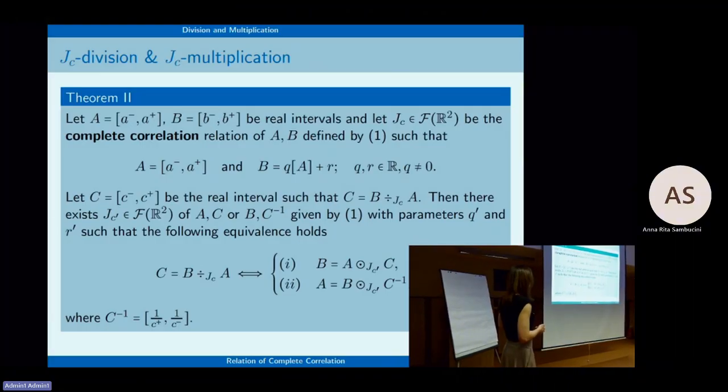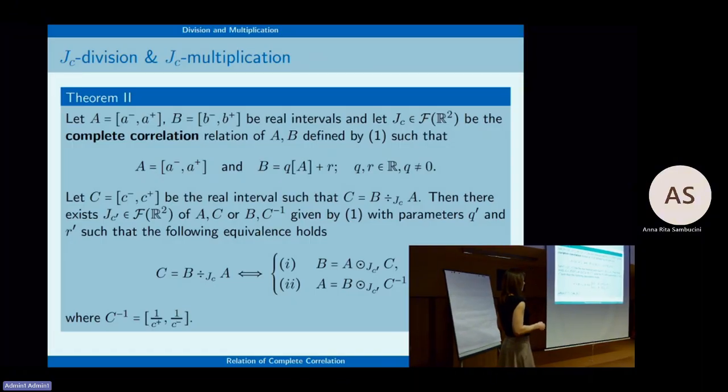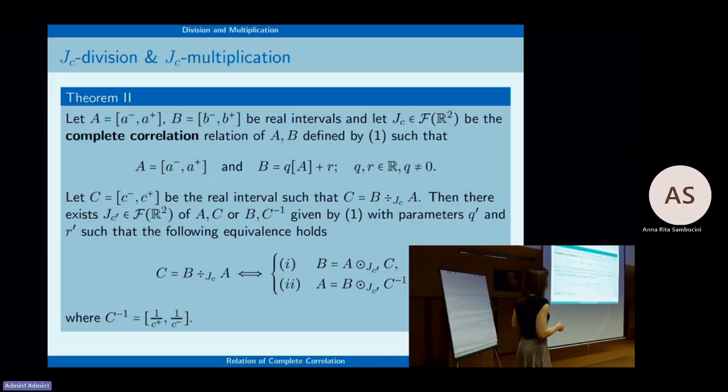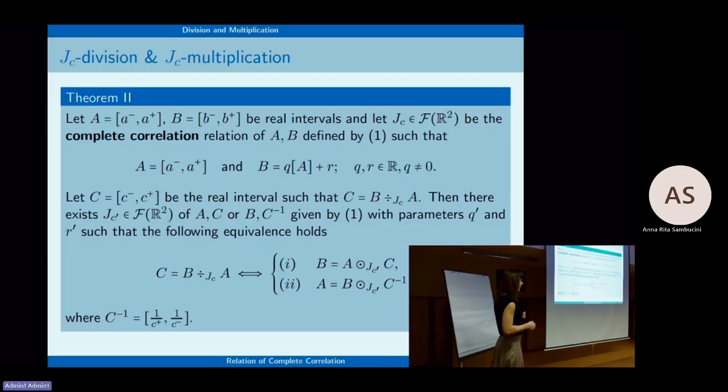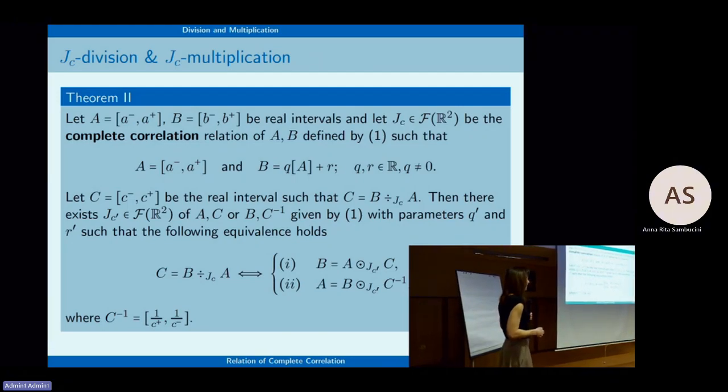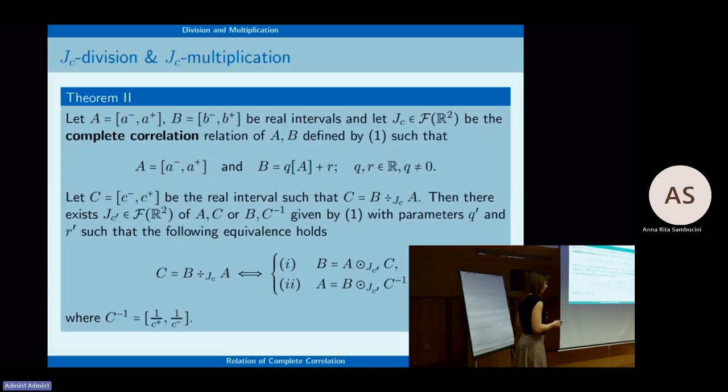So this result was straightforward. The second result is how it is with JC multiplication and JC division. We also obtained the result that there exists a complete correlation relation between these operands. So this equivalence is again preserved.